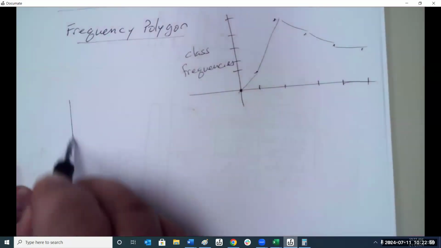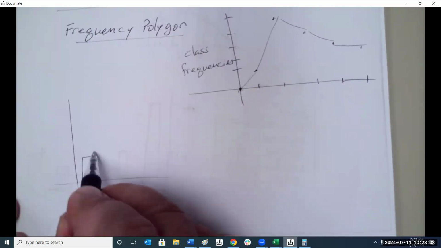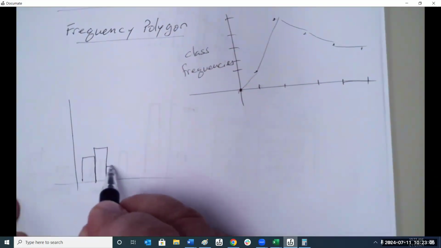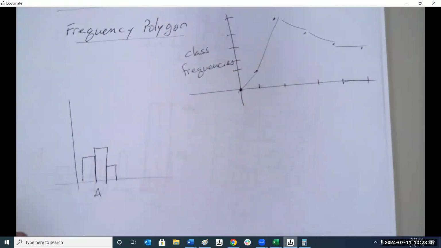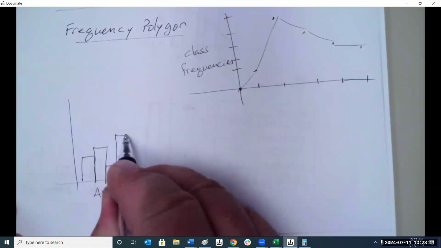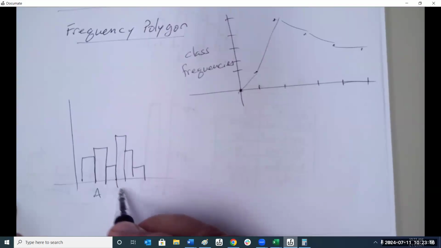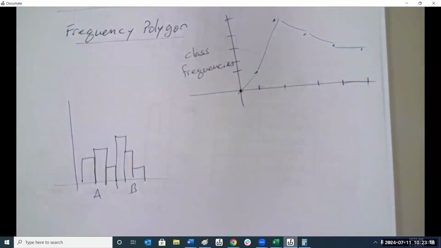Yes, what you can say there is this is everything for outcome A, then everything for outcome B. It doesn't look good, but you could do it.